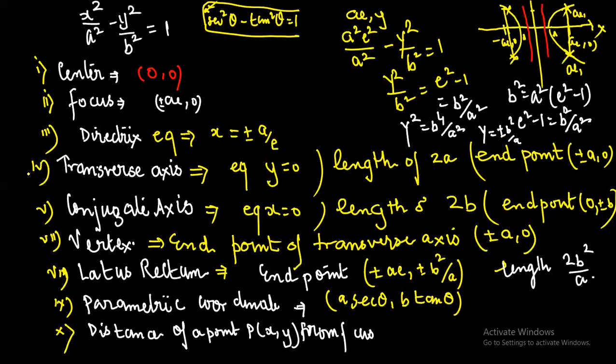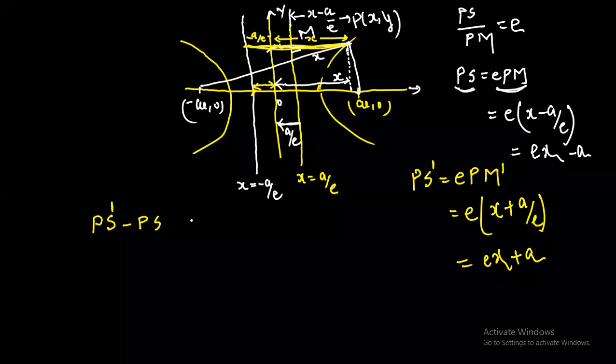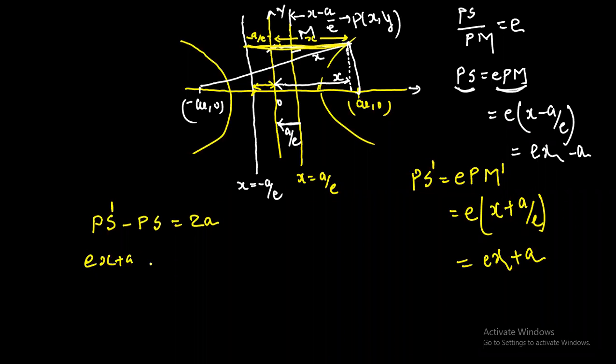So the distances of a point from the foci come out as ex plus a and ex minus a. So one more property of the hyperbola is PS dash minus PS is equal to ex plus a minus ex minus a, which is equal to 2a.